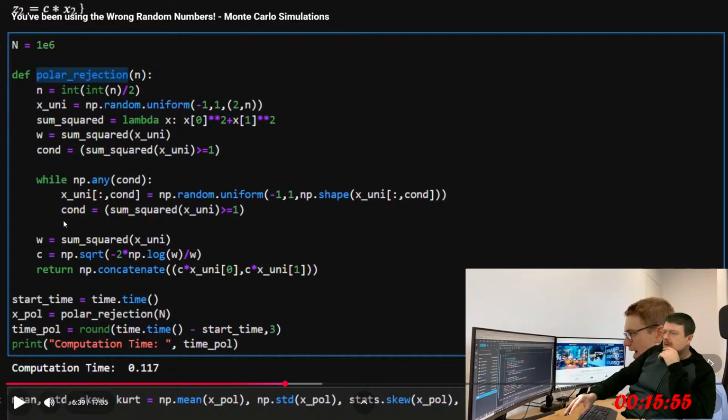He's taking a loop, going through and generating two random numbers. And then what is sum squared?